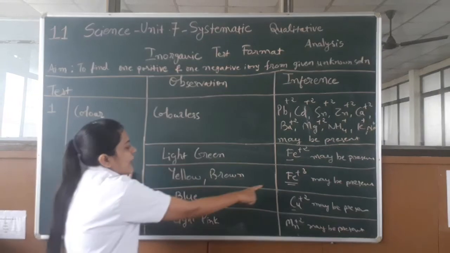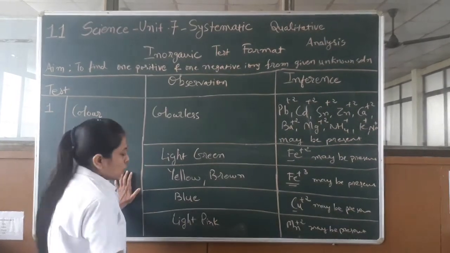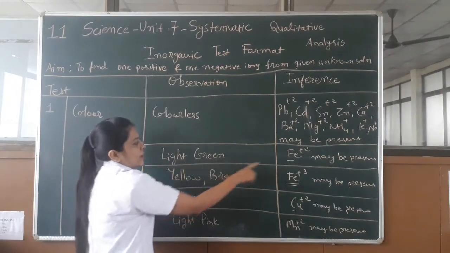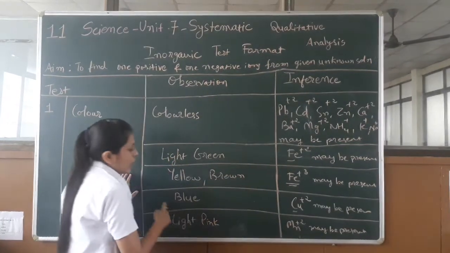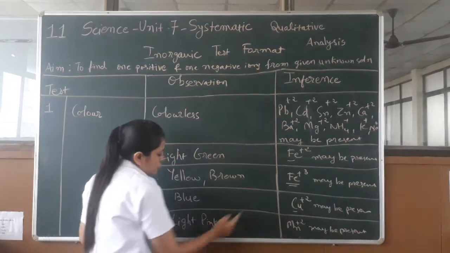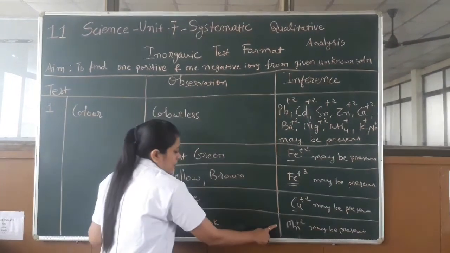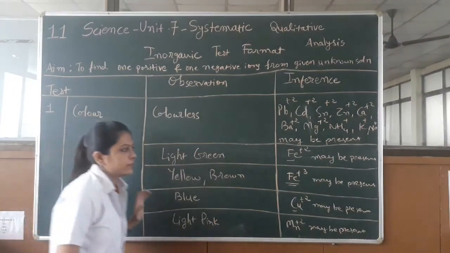That's why they are colored solutions. So you have to remember: light green, Fe+2; yellow or brown, Fe+3; blue for Cu+2; and light pink for Mn+2. Let's move.